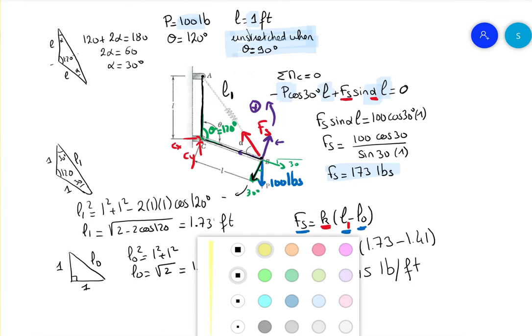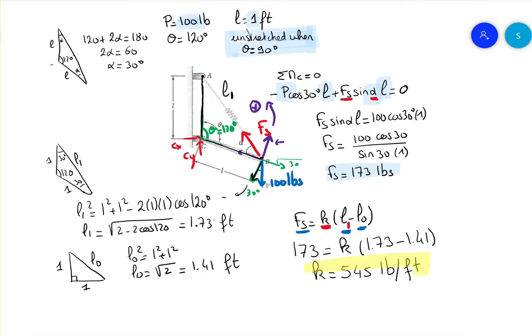There we go. Let me highlight the final answer. So one step at a time, and use the right equations to solve for the unknown that you need. We just need the force of the spring there. We don't need the reaction at C. So let's do that and see how you can split your components to have always one component that is going through the point, so it doesn't create any moment.